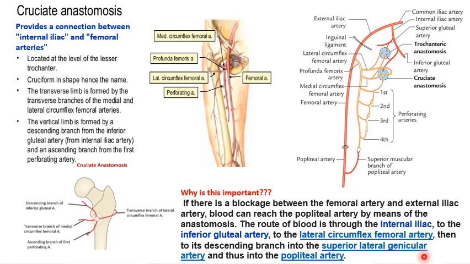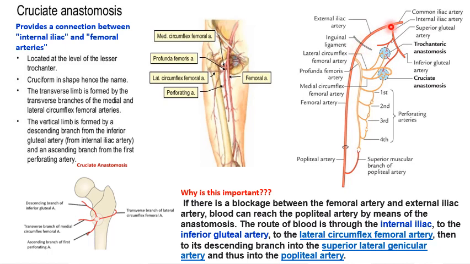Is that clear? So I again repeat the alternate route of the blood flow when there is a blockage between the external iliac artery and the femoral artery.